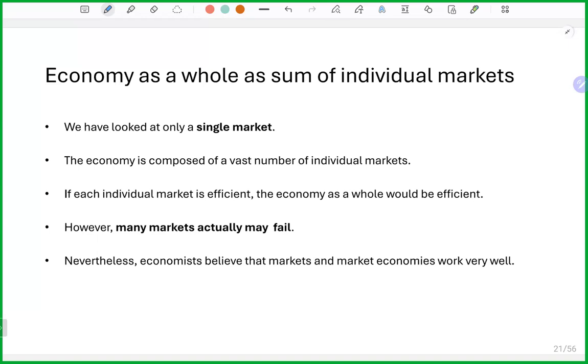But in the production of steel, producers generate a lot of pollution, air pollution, and other things.